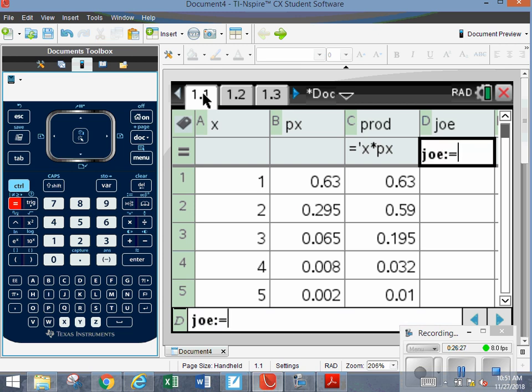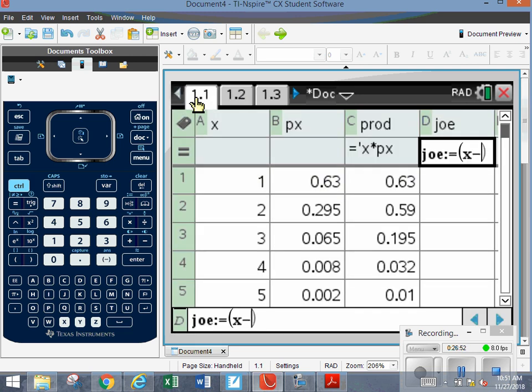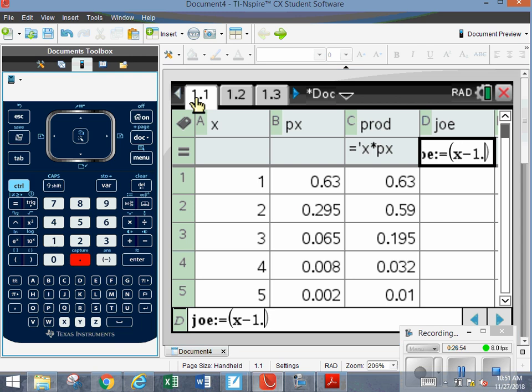So I'm going to say that Joe is going to be equal to, and in parentheses, we're going to put x, this is the variable you defined in column A, minus our mean, which we determined was 1.457. We're going to take that quantity and we're going to square it.